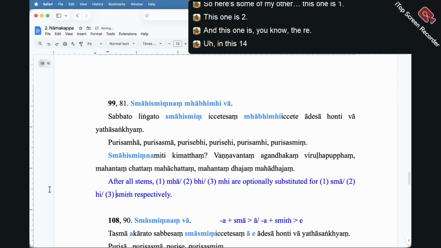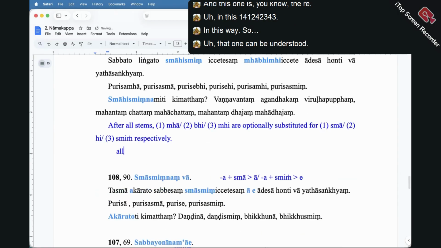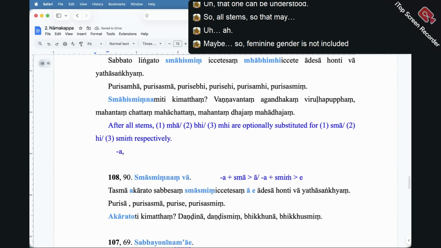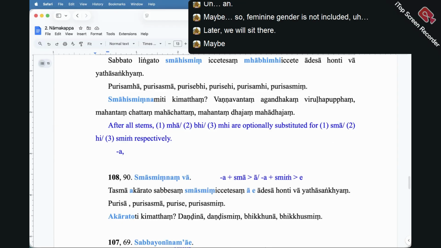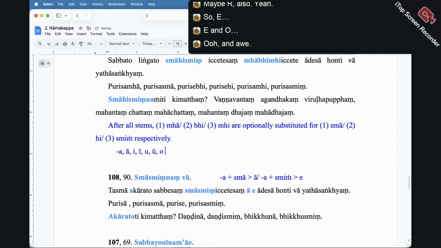In this way, 1 for 1, 2 for 2, 3 for 3. So that can be understood. So all stems, maybe the feminine gender is not included, later we will see that. Maybe E, and U, and O.